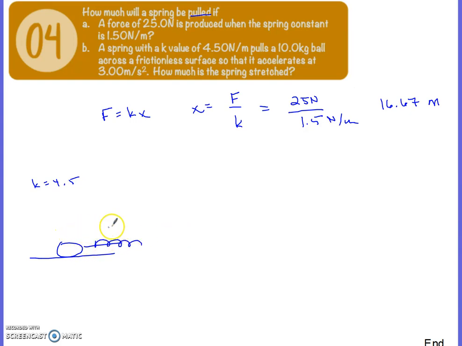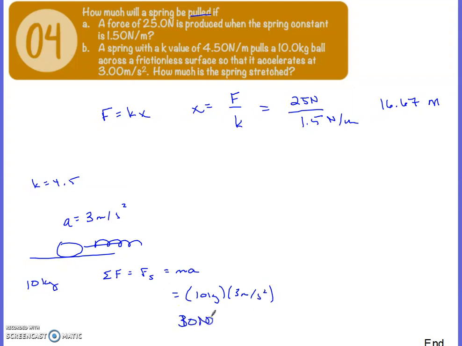A spring with a k value of 4.5 pulls a 10 kilogram ball across a frictionless surface. Acceleration is 3 meters per second squared, and the mass of the ball is 10 kilograms. So again, the sum of the forces, it's just the spring force that's pulling the ball, and so that equals ma. So that's 10 kilograms times 3 meters per second squared. That's a 30 newton force.